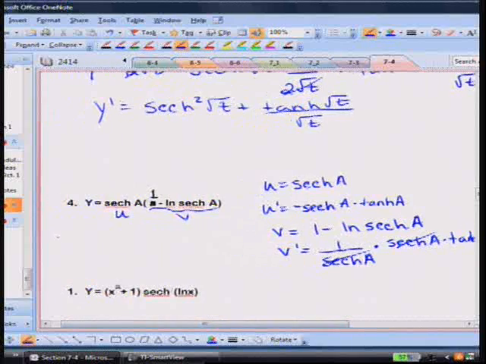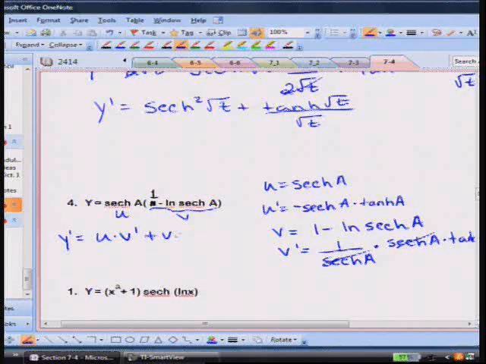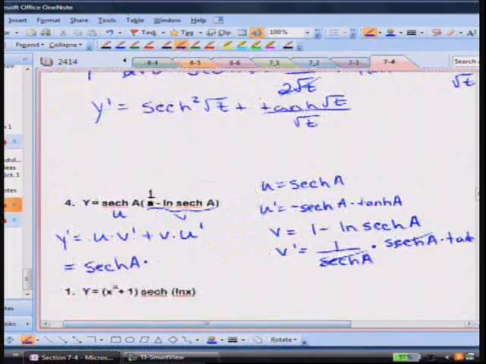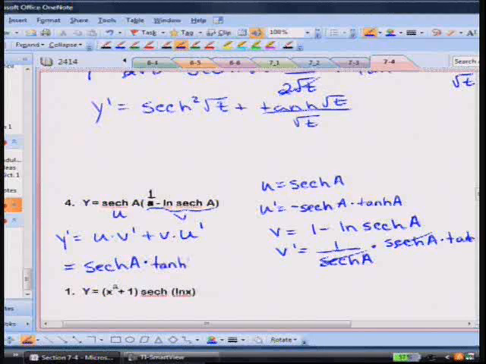Okay. So now I've got to do my derivative. Remember, my derivative is u times v prime plus v times u prime. So that's going to be u, which is the hyperbolic secant of a, times that, which is the hyperbolic tangent. I'm so tired of saying hyperbolic, like my lips hurt. Hyperbolic. All right, and then the v is, what was v? I'm running out of room.